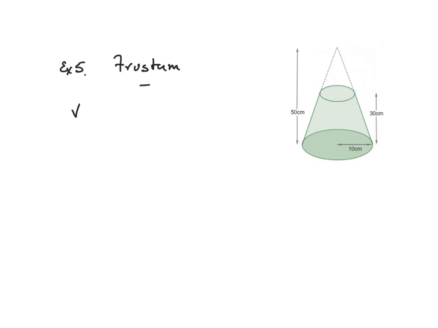So volume 1 then, 1/3 pi r squared h. Now I'm going to work out the volume of the larger cone, so the radius of the base is 10 and the height of the larger cone is very clear, that's 50.